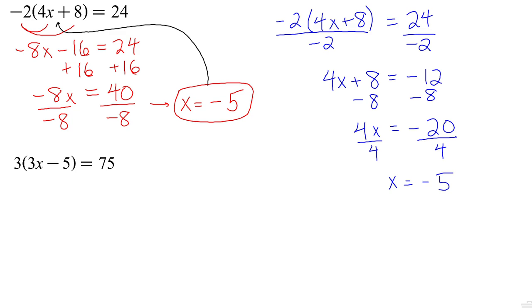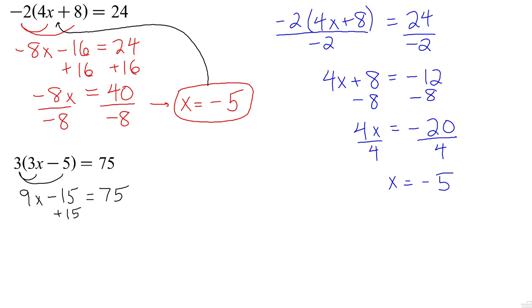I'm not going to bother to divide by the 3. We could divide by 3 because 75 is nicely divisible by 3, but we'll just do the distributing method this time. 3 times 3x is 9x, and 3 times minus 5 is minus 15. So we have 9x minus 15 equals 75.